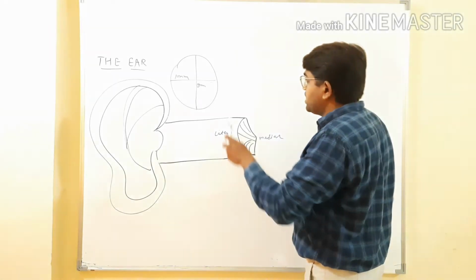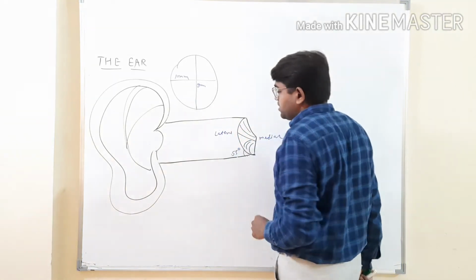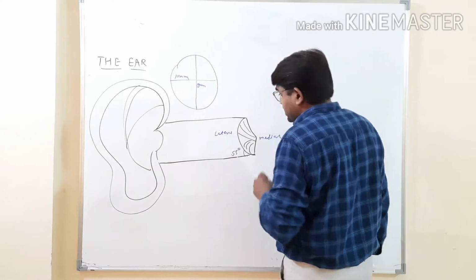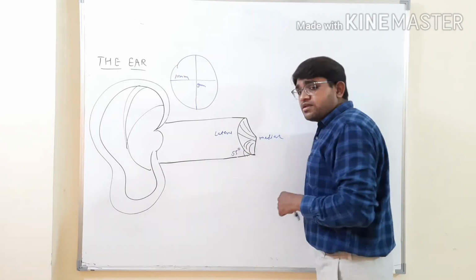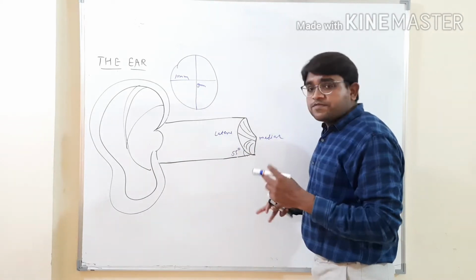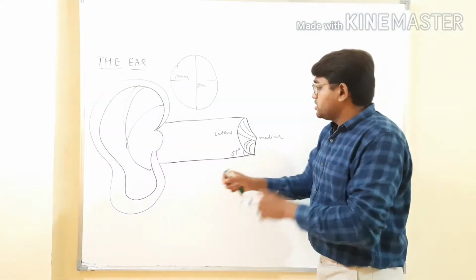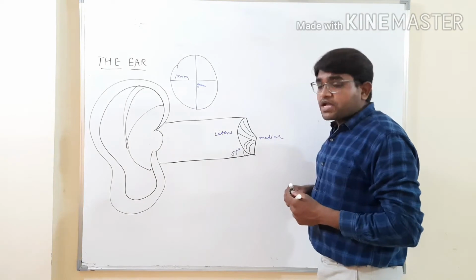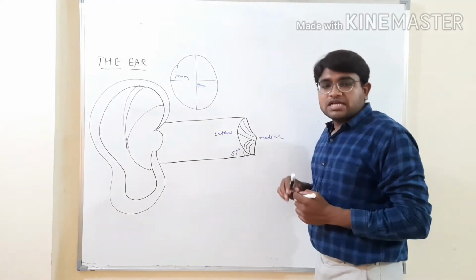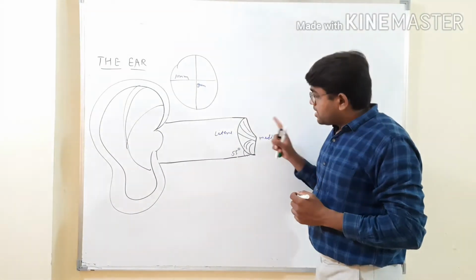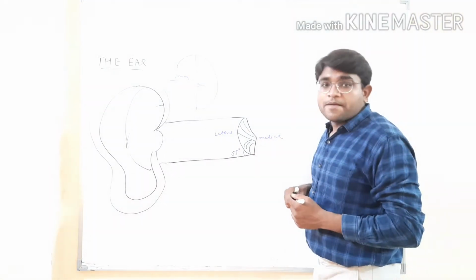Okay, so its measurement is about 9 millimeter cross 10 millimeter. Then it has two surfaces, the lateral and the medial, and its lateral surface is forming a 55-degree angle with the meatus. Okay, then it is placed into the tympanic sulcus which is present in the external acoustic meatus.